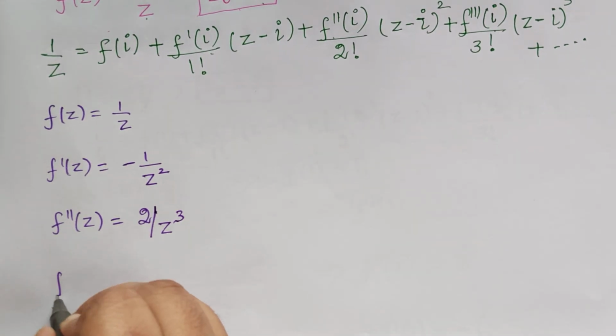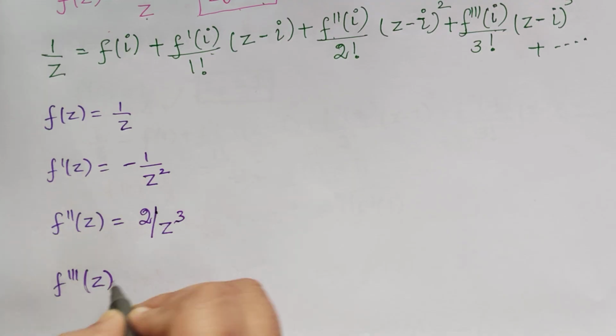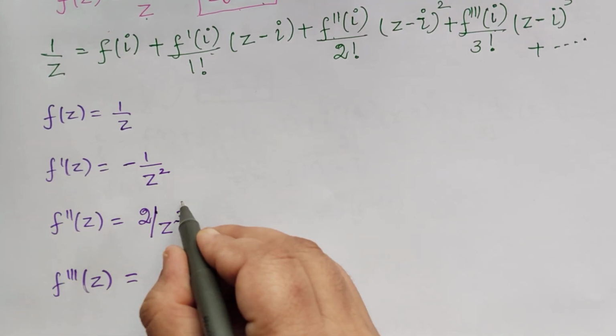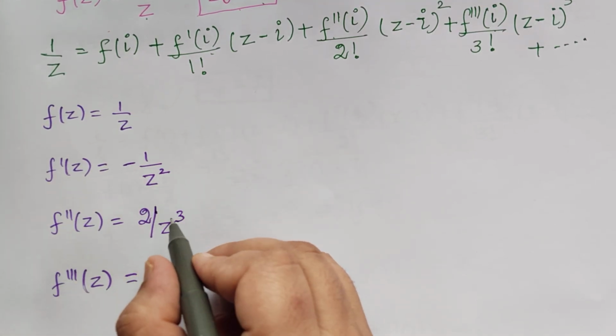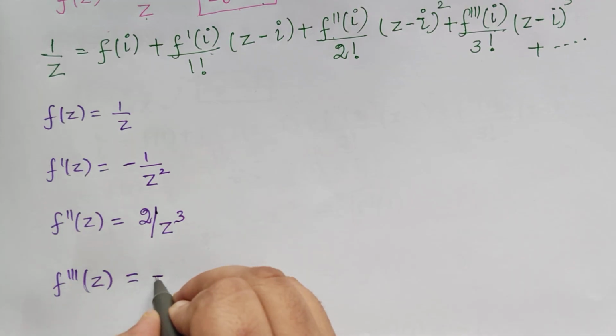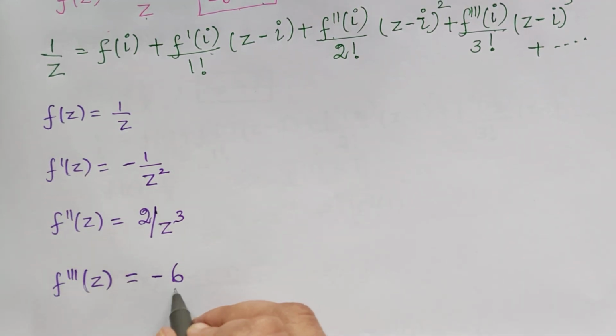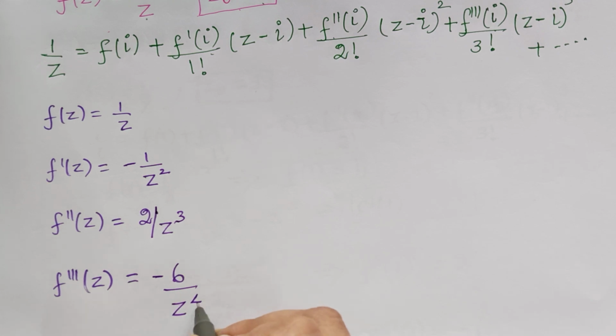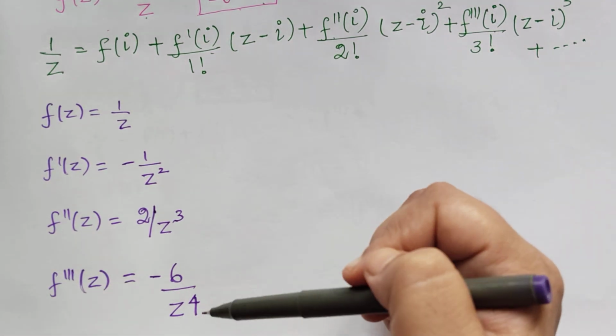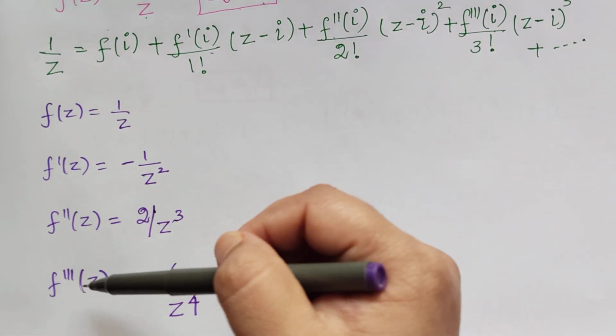Similarly, f triple dash of z, which will be z to the power minus 3: on differentiation, 3 times 2 is 6, and we will have a minus sign, so minus 6 z power minus 4, that is minus 6 by z to the power 4. So these are the differentiations with respect to z.